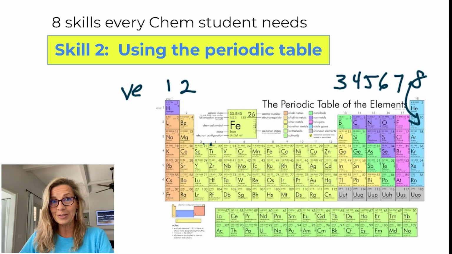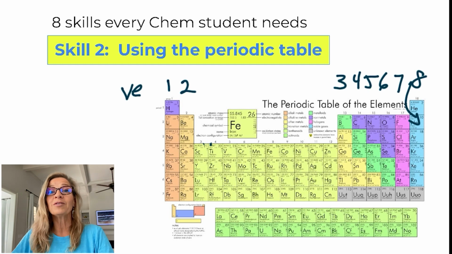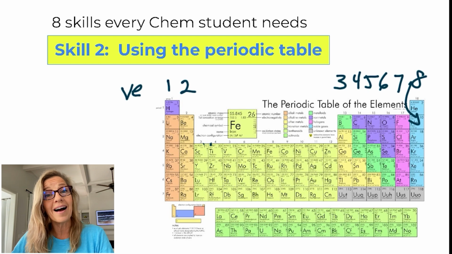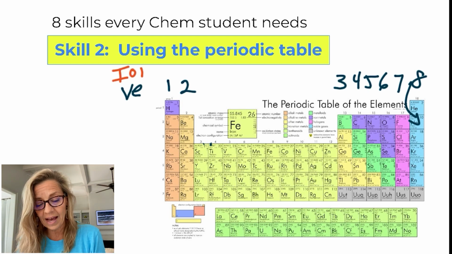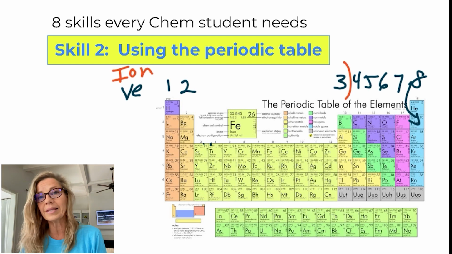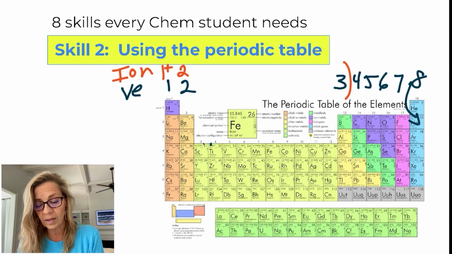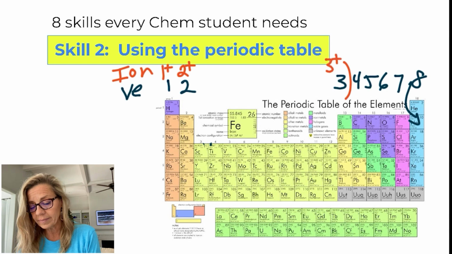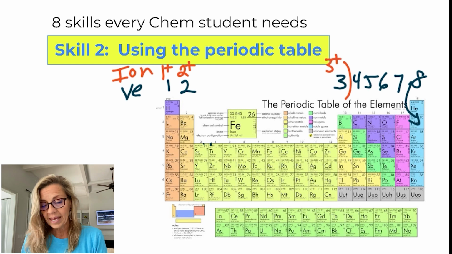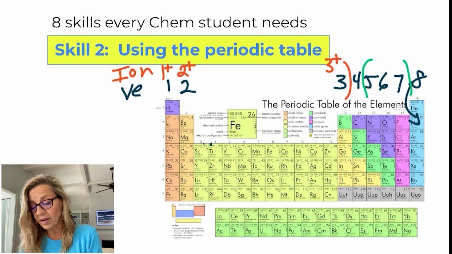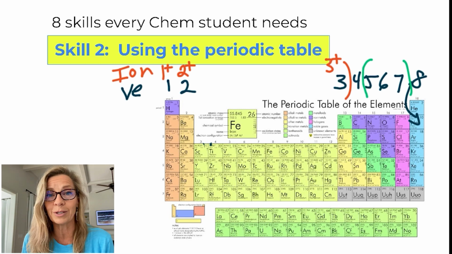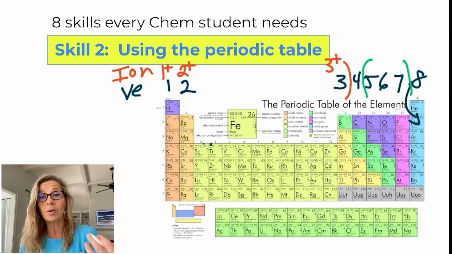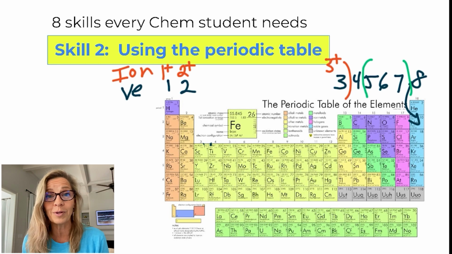So valence electrons. Now, we're also going to use valence electrons to predict ion charge. So the elements with 3 or less are going to give those away. And so our ion charge would be 1 plus, 2 plus, and then 3 plus. Then the elements over here with 5, 6, or 7 valence electrons in those groups are going to gain electrons to get that full octet.